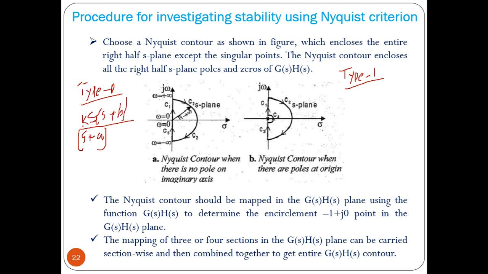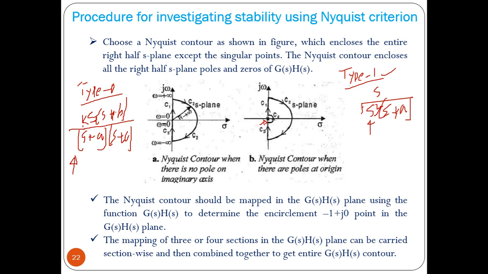That means here we can have another term S plus C. That means we don't have any pole at the origin. Type 1 means it can be written as K divided by S into S plus A. So we have one pole at the origin. So type 1. If we have S squared, type 2; S cube, type 3. That means at the origin we have poles.